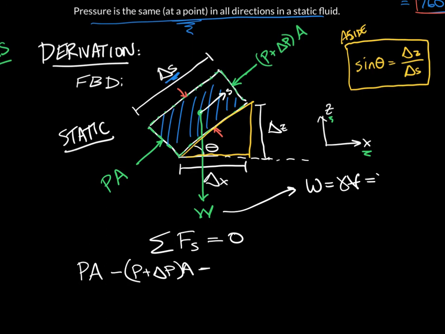In this case the volume is not a triangle like last time, it's a rectangle with delta S times this area, so it's prismatic. So we've got that force, which is gamma times delta S times A. Now we have to deal with the fact that the weight is not acting in the S direction, so we have to do our trig.